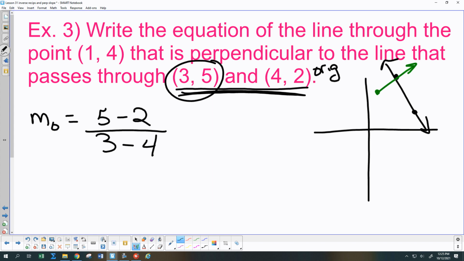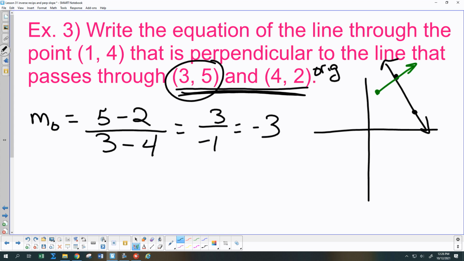In the denominator, she's still got to start with 3, 5. So 3 minus 4 to subtract the x's. If you started with 4, 2 in the numerator, you'd have to start with 4, 2 in the denominator. 2 minus 5 over 4 minus 3. Either way, you get 3 over negative 1, which is negative 3.